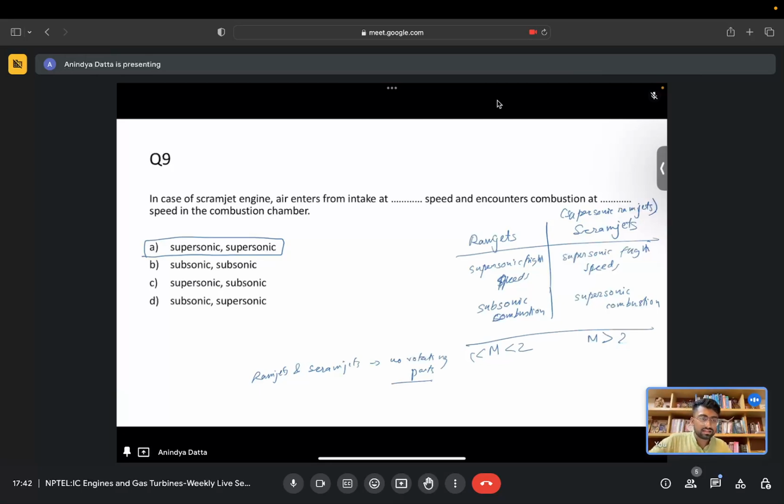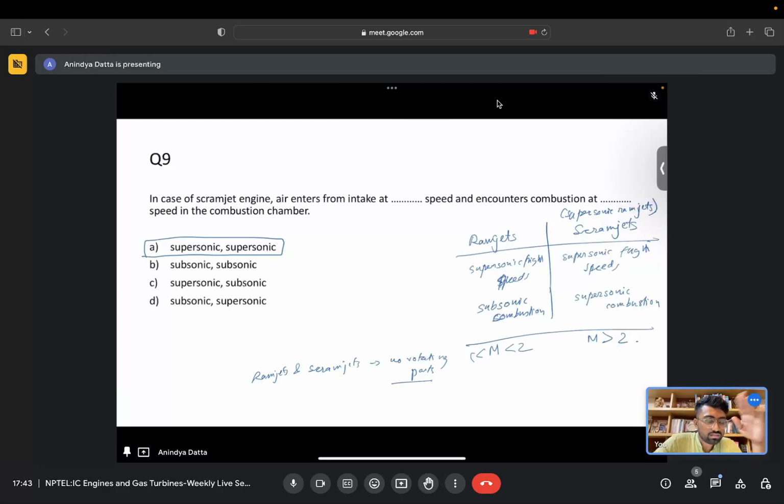If you look at any book on aircraft propulsion, you'll see in a ramjet, after the shock system, we get a normal shock. Now when the flow undergoes a normal shock, the flow becomes subsonic after the normal shock.